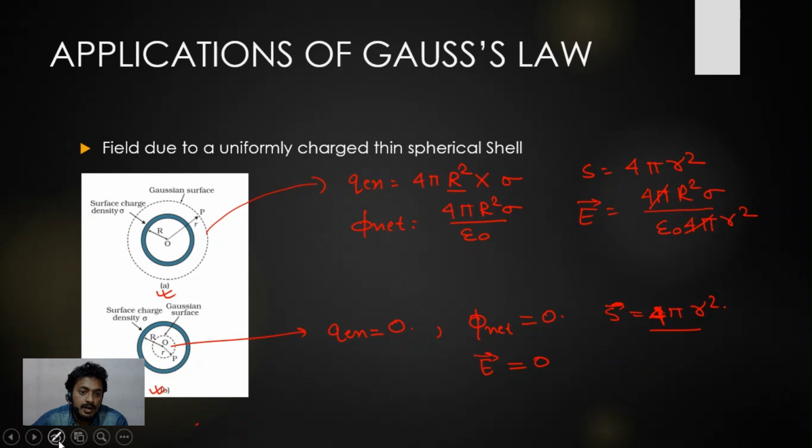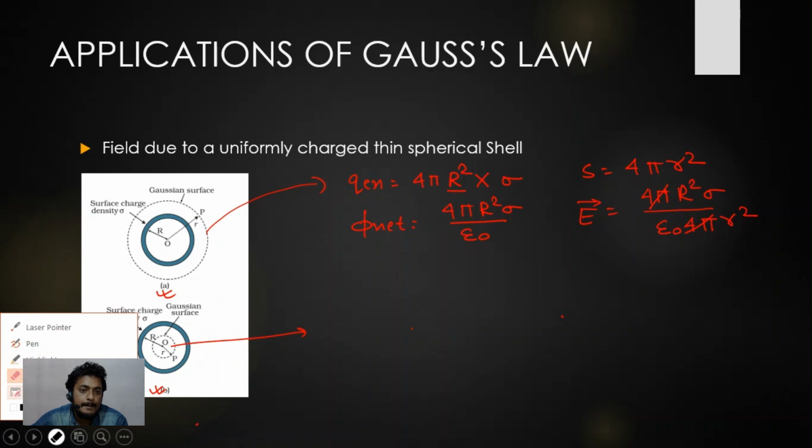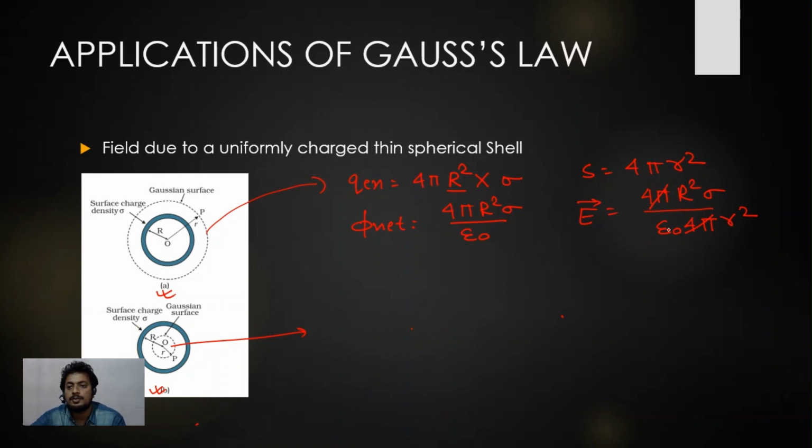So the electric field will be sigma R square by r square epsilon.